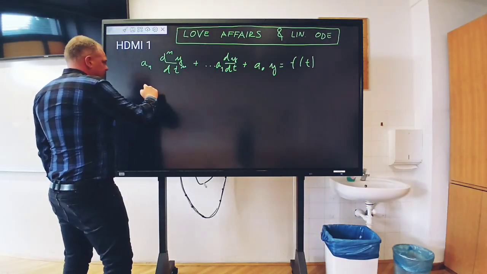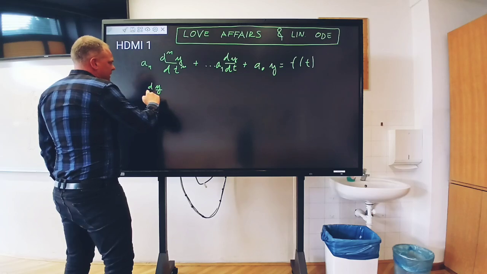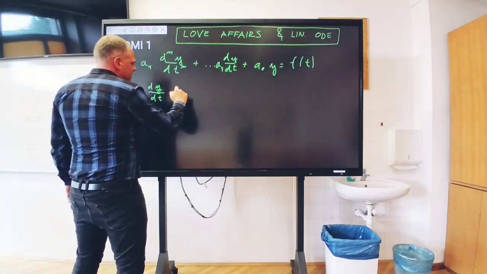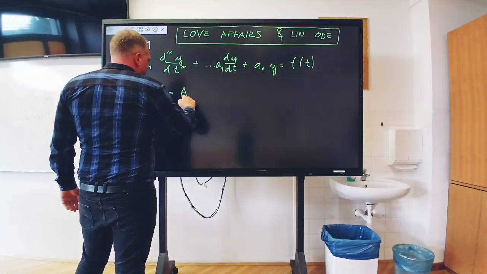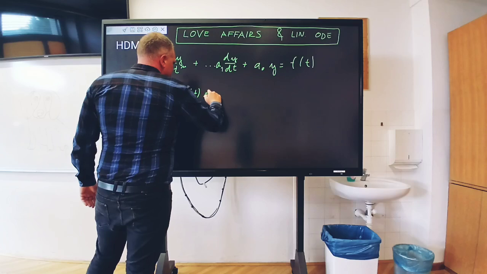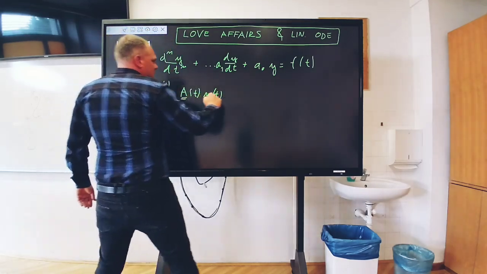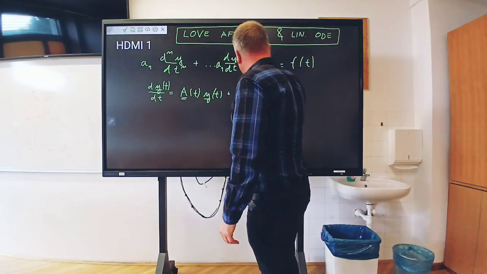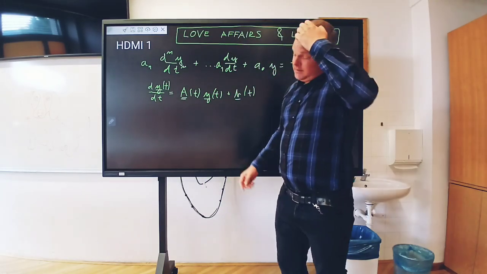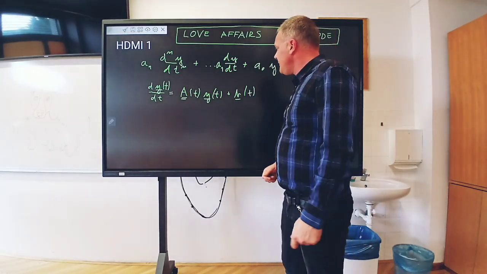I will just write down, this is d, now y is a vector, dy/dt is the same as some matrix A, which can in fact depend on t, times y, which depends on t, plus some b of t again. And this is a matrix, these are vectors, as we have learned before.